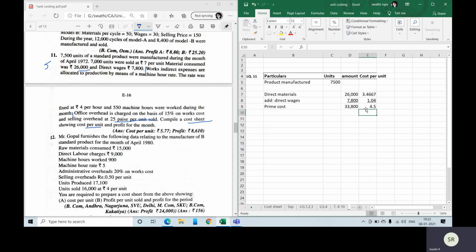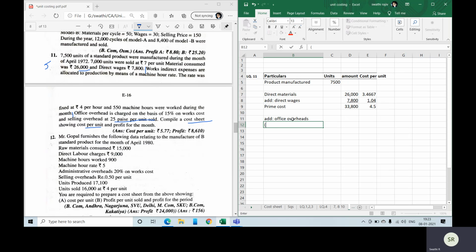Then moving along, production is still 7,500. This will not affect our production. So next is factory overheads. The calculation they have told you very clearly. It is based on machine hour rate.